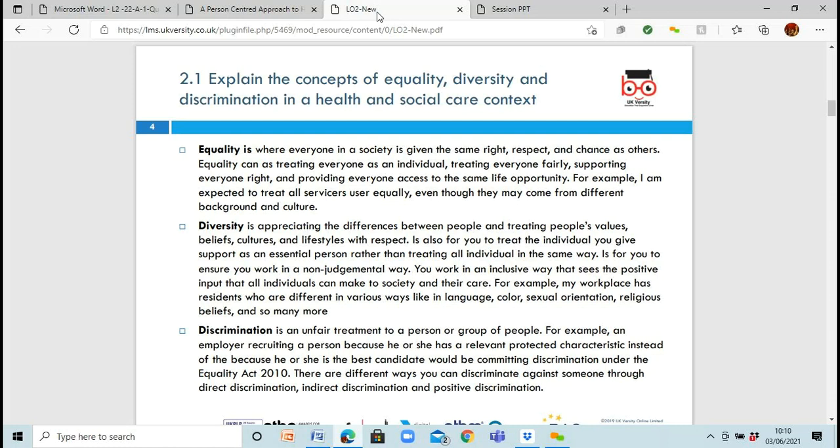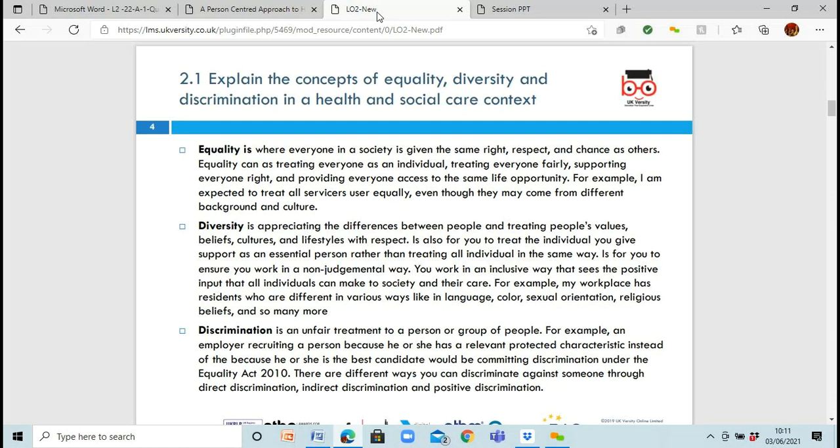You make sure that you're not discriminating against or treating people unfairly just because of how they look, their accent, or your own preconceived notions. If you're discriminating against people, you're going against the Equality Act of 2010.